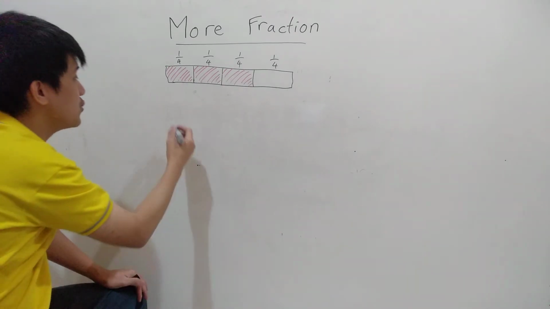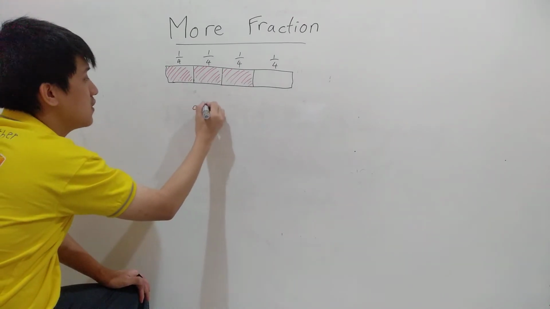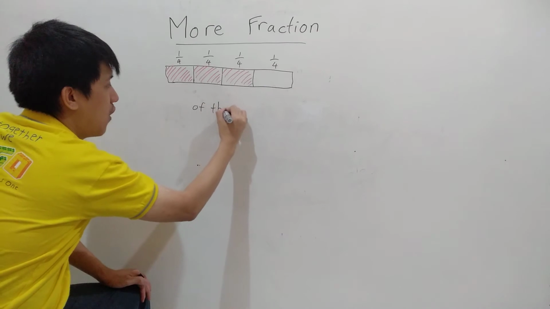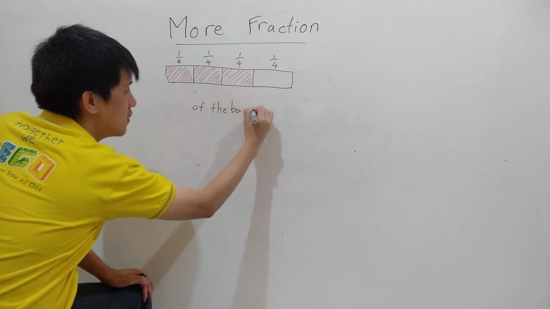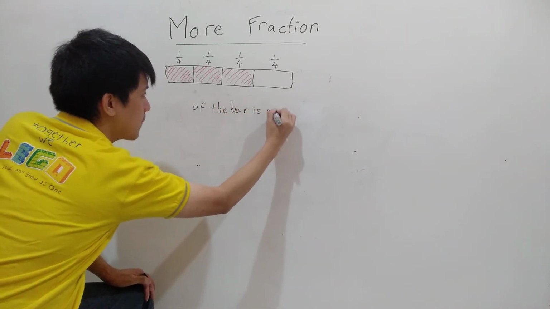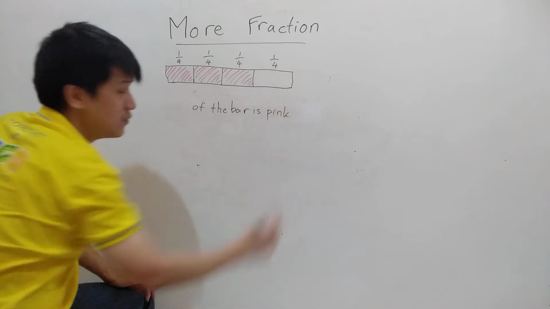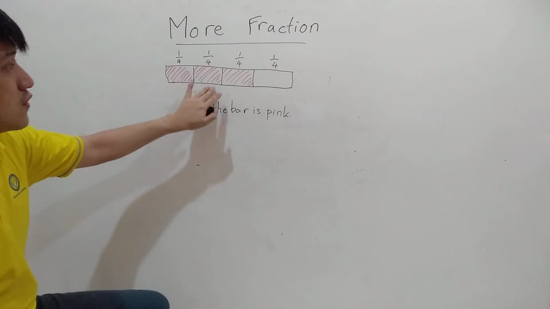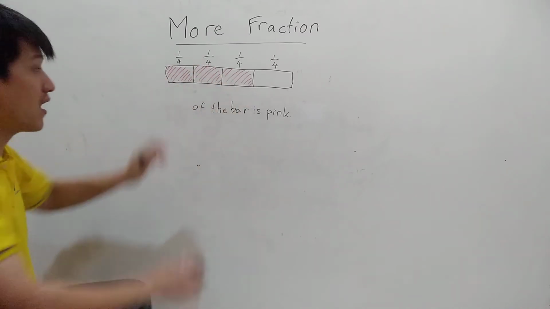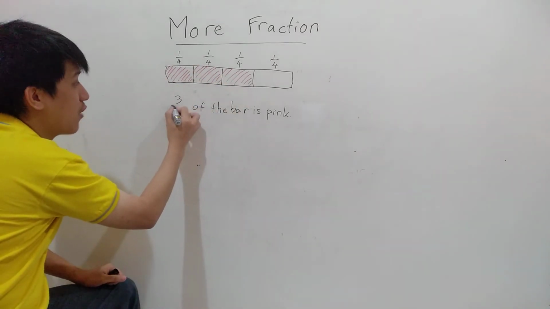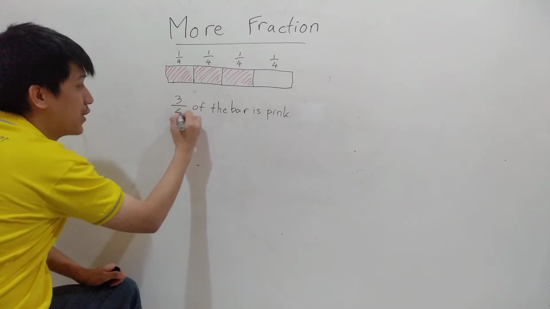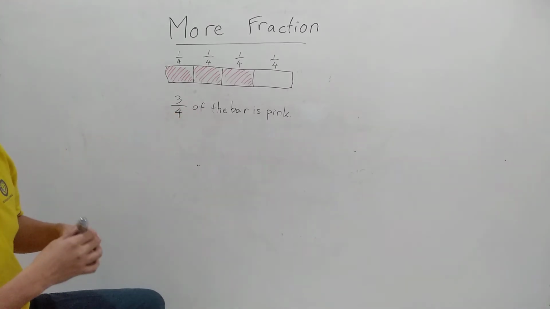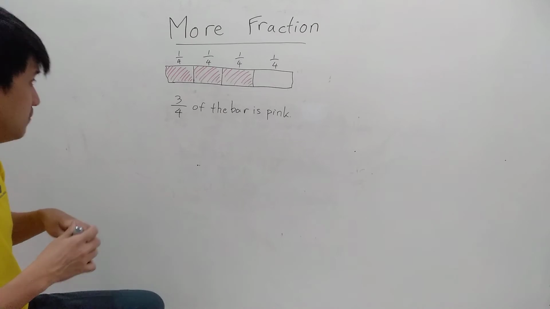So if I ask you how many of the bar is pink, what can you do? How many of the bar is pink? 1, 2, 3. The pink parts are 3 out of how many equal parts? 4. 3/4 of the bar is pink.